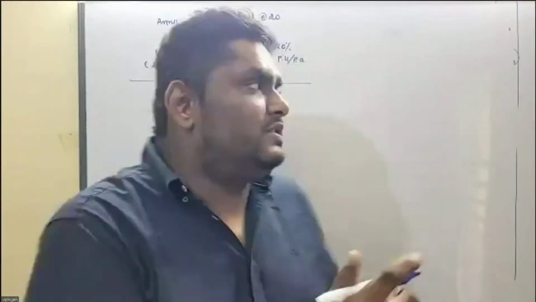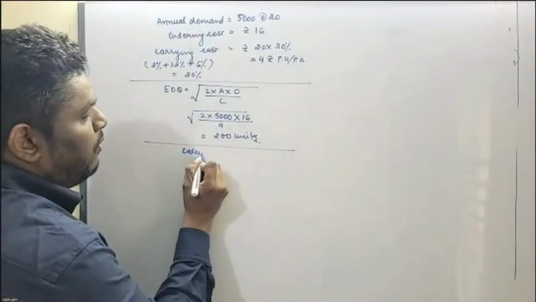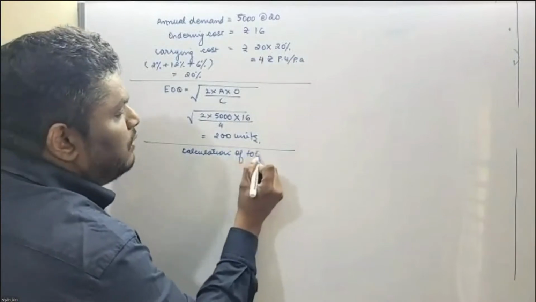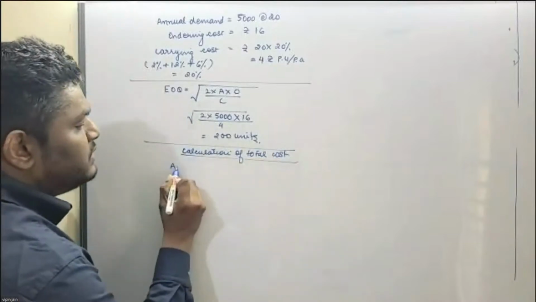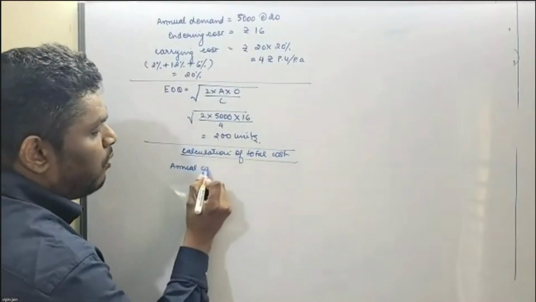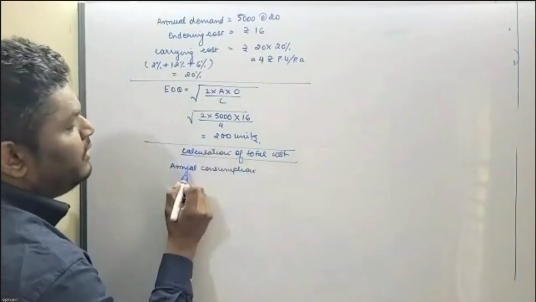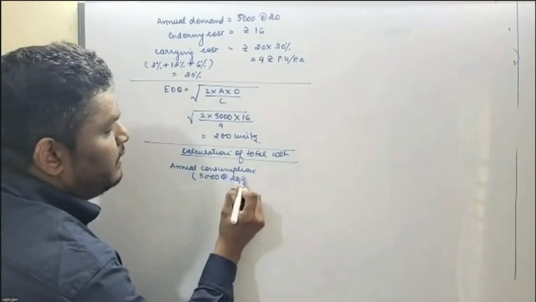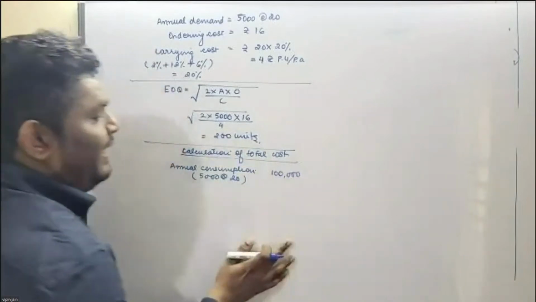So now the next part is we have to calculate the total cost in this case. Calculation of total cost. So annual consumption is how many units? 5,000 units, which are purchased at the rate 20. So 1 lakh.